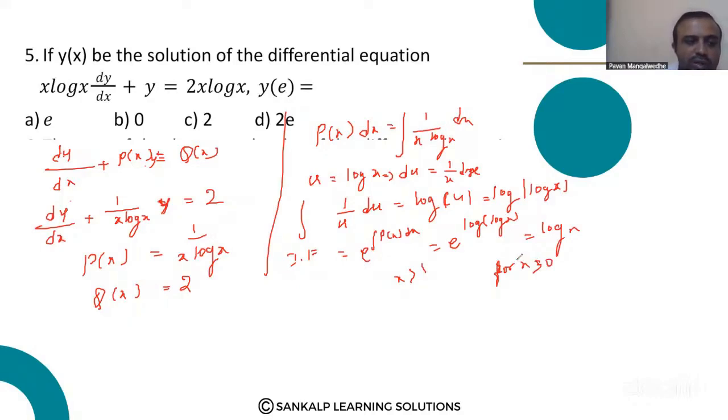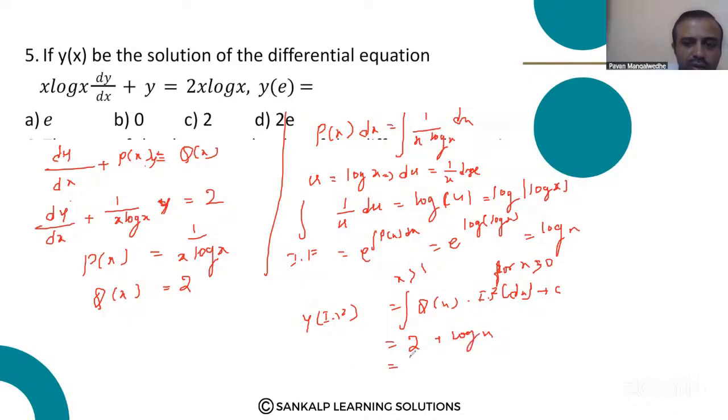So combining this, what we are going to get is y times the integrating factor equals the integral of q of x times the integrating factor dx plus c, where it is 2 plus log x.